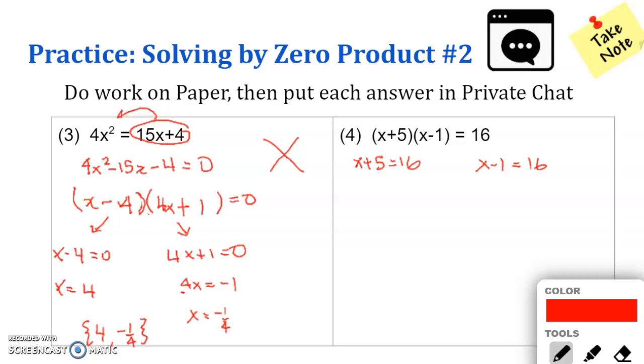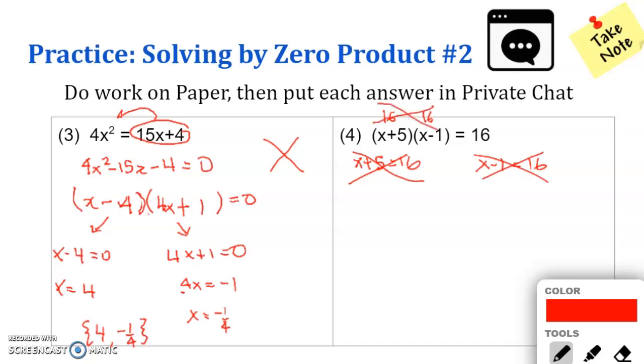If you're saying that x plus 5 is equal to 16, you're saying that this is equal to 16 and this is also equal to 16. 16 times 16 is never going to be equal to 16. Okay, it's going to be a much bigger number, right? So this straight away tells you that this cannot be true. This is not correct. Okay, you cannot do this.